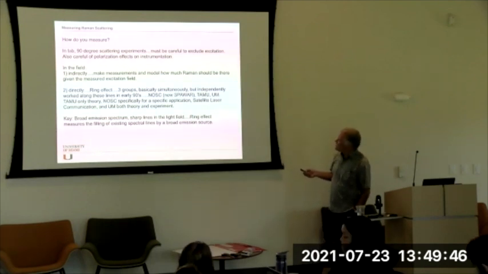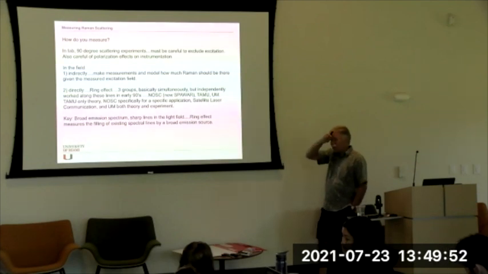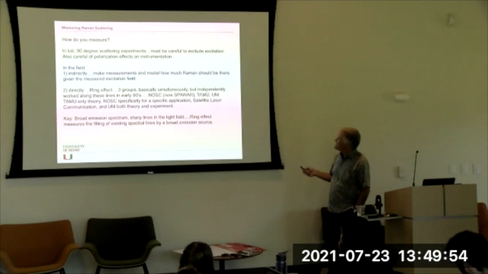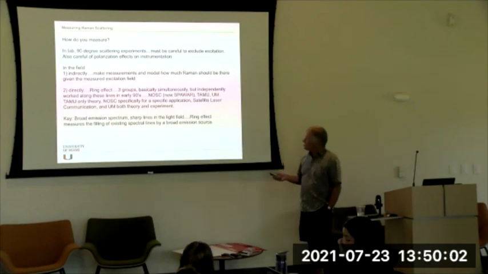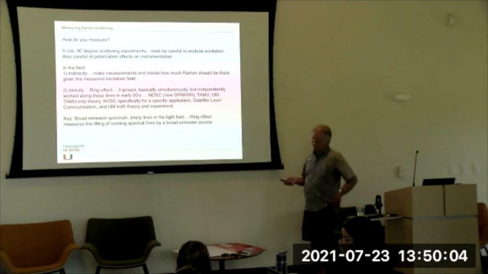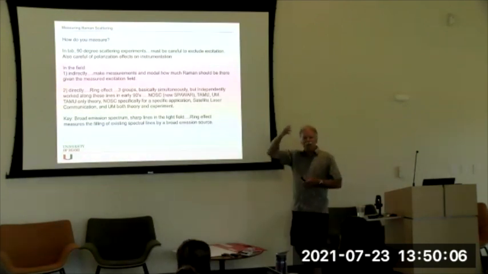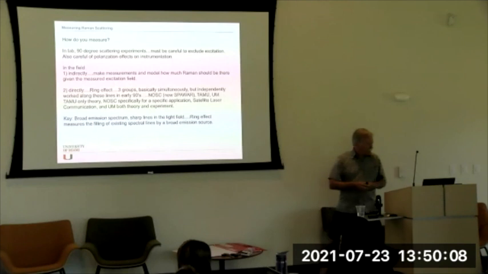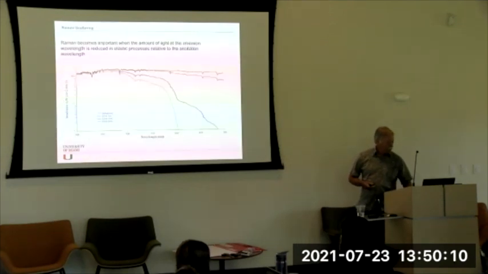So this group at NOSC was worried about it. There's George Kattawar at Texas A&M, who's a theoretician, who came up with this idea, and then I came up with the idea that what you could do is what's called the ring effect. The ring effect is the idea that, remember the spectrum I showed you a second ago of the solar spectrum?